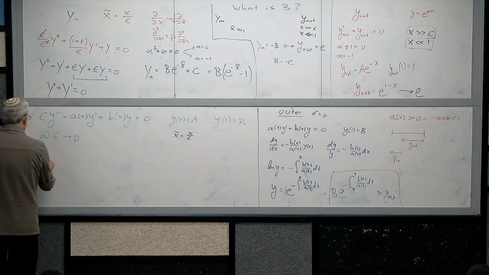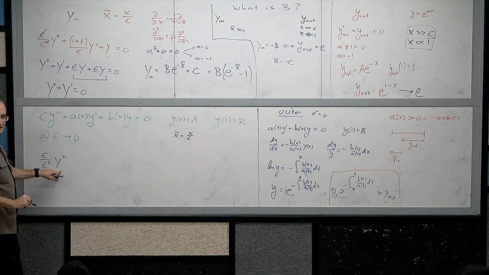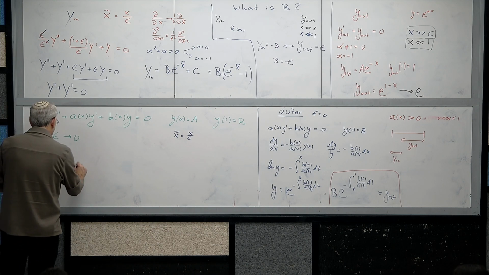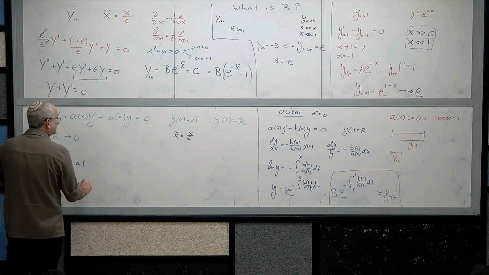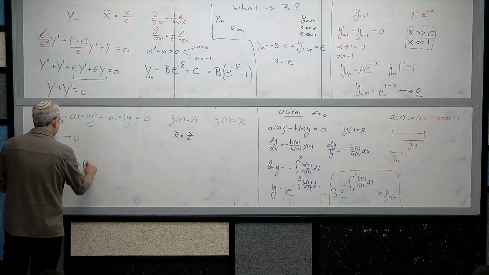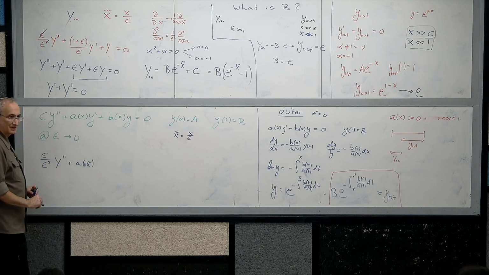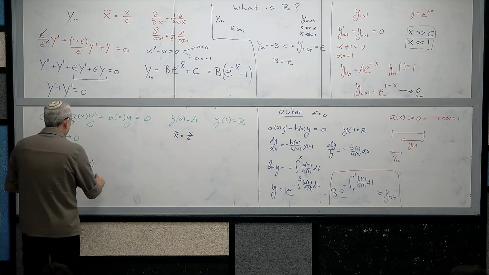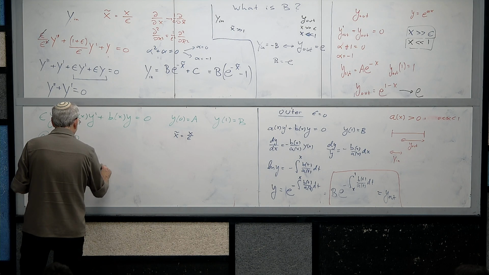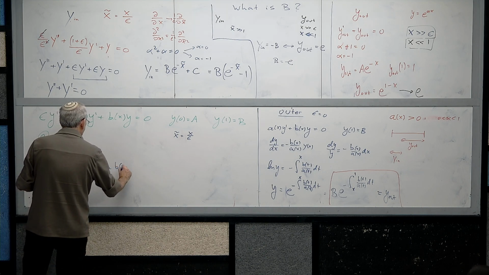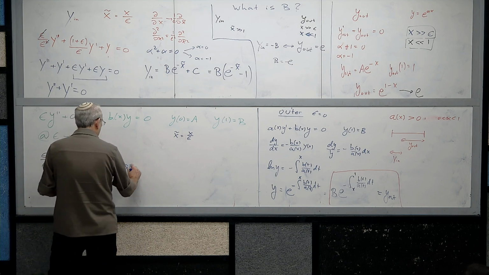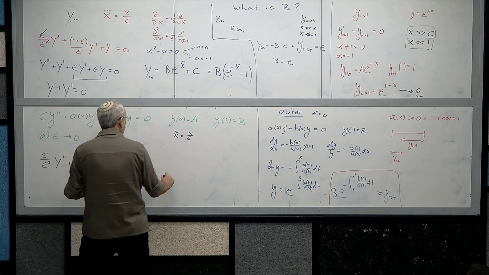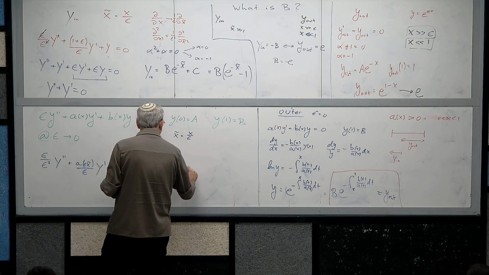And now we can write epsilon over epsilon squared y double prime, it's a different y, this is y in, plus a of epsilon x tilde, which is x, divided by epsilon, times y prime, plus b of epsilon x tilde times y equals 0, where y of 0 is a.